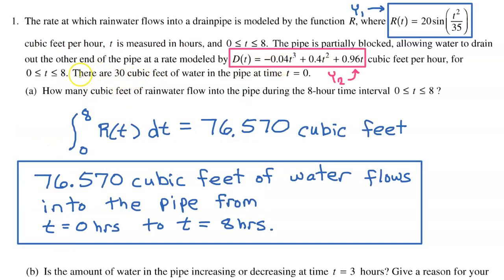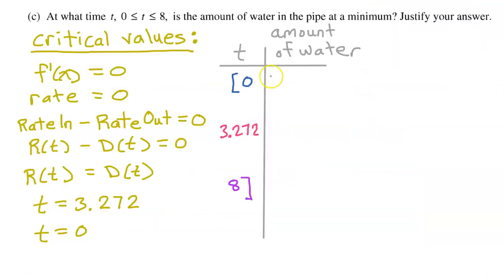Looking back at the setup, remember that there are 30 cubic feet of water in the pipe at time t equals 0. So that's the initial condition. So that's easy. I can immediately just write down 30 as the amount of water at time t equals 0. But what about the amount of water at time t equals 3.272?